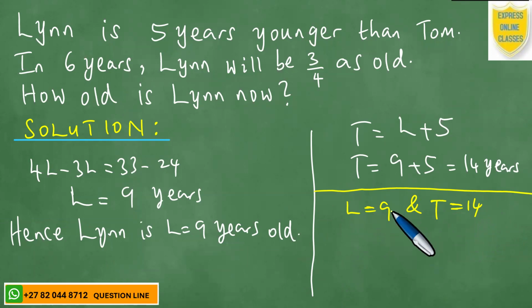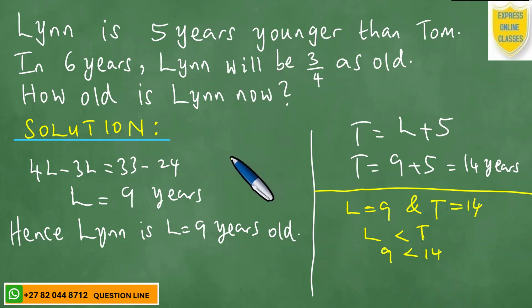It is true that Lynn's age is smaller than Tom's age because 9 is smaller than 14. So indeed Lynn is younger than Tom, because 9 is smaller than 14 arithmetically. This is true on the real number line.